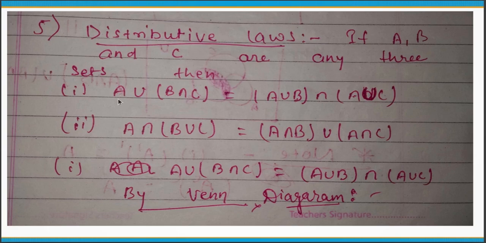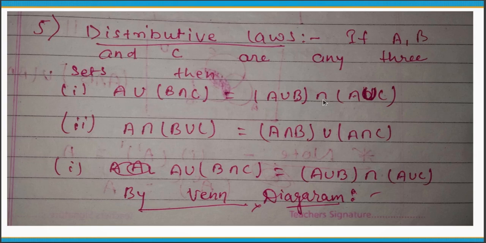Now the distributive law. If A, B, C are any three sets, then in lower standard classes you have read A into (B plus C) equals AB plus AC. This is the distribution.